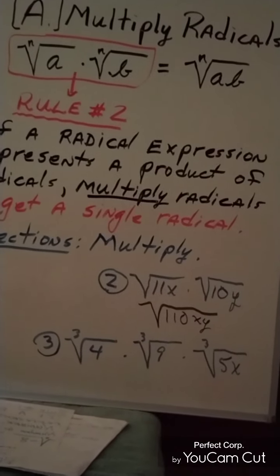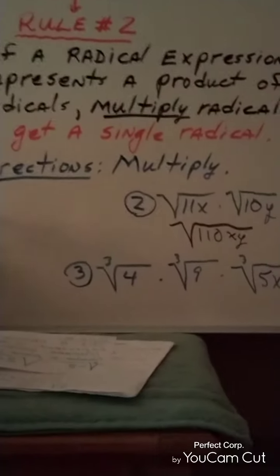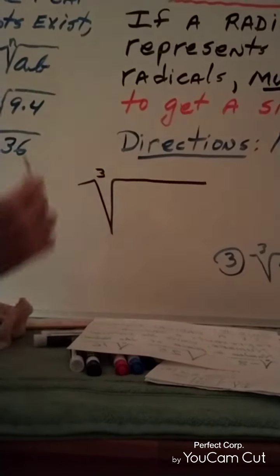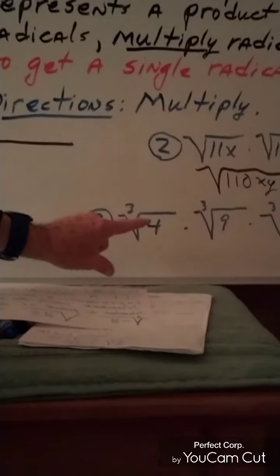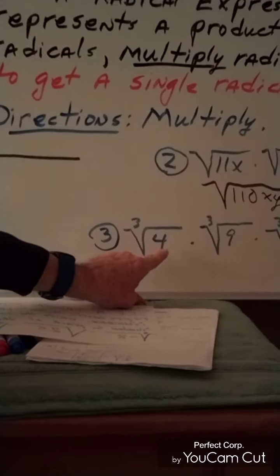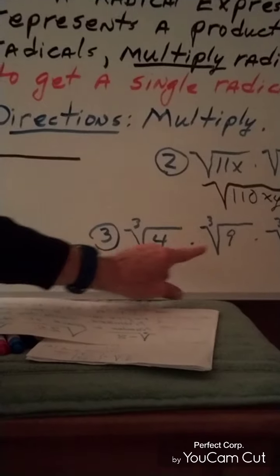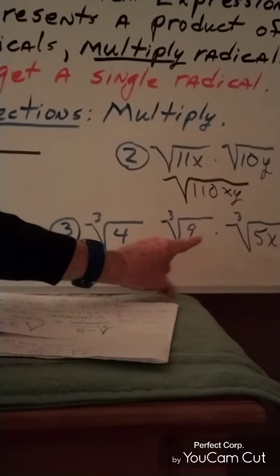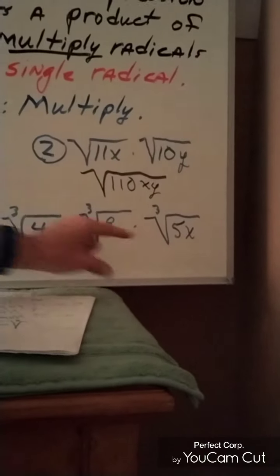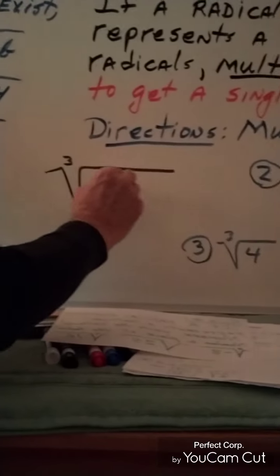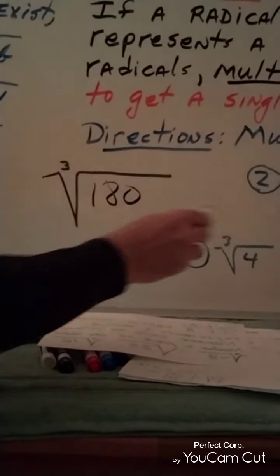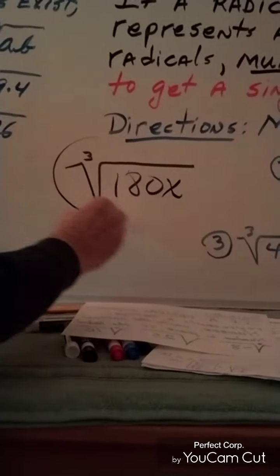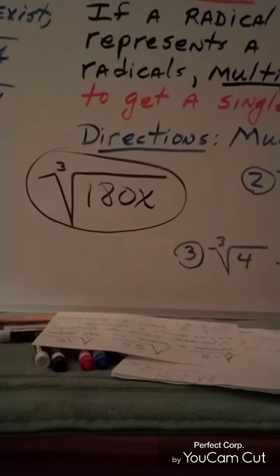It's no longer square root. Get that 3 in there. Let's start with the constant factors. 4 times 9 is 36. 36 times 5, 180. And then just bring over the x. And it has been multiplied, and it's done.